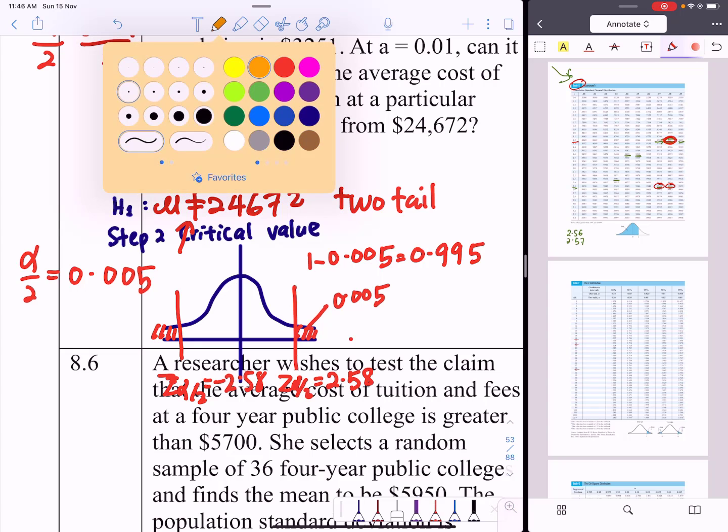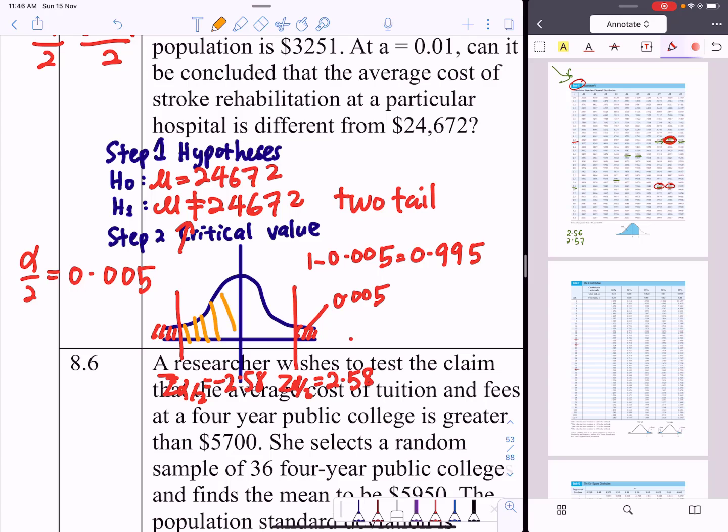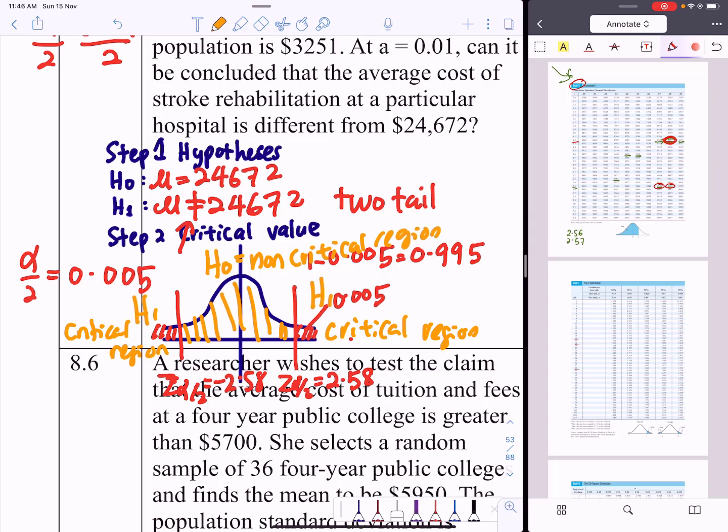Please make sure you understand. Here is the location of the non-critical region, where we do not reject H null. This one we call a critical region, and this one also is a critical region, these are for H1.